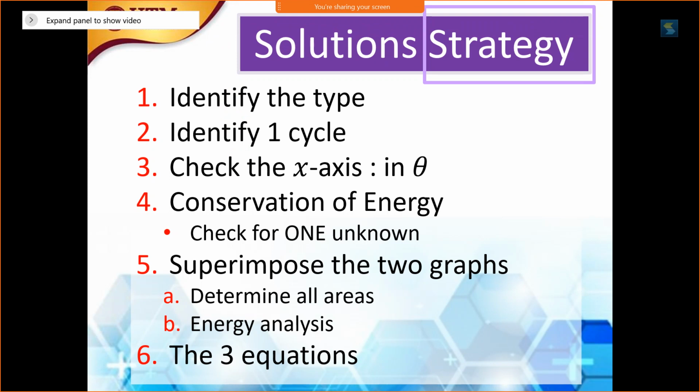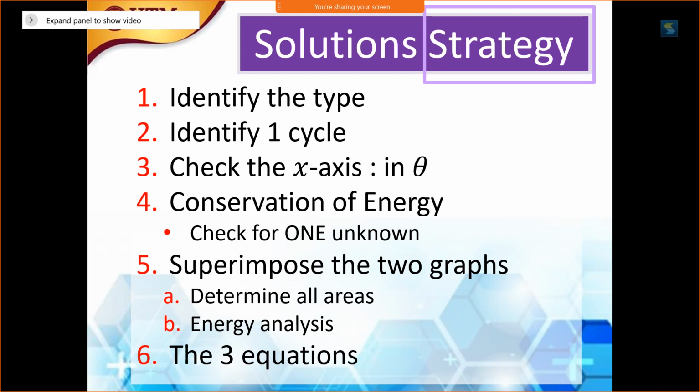So this is our solution strategy. How many steps we have? We have 6 steps. All right, first is we need to identify the type, and then we need to identify one cycle, and you need to check also the axis of x. You must convert it to theta, kalau dia bagi dalam bentuk time, then you need to convert it to theta, which is theta equals to omega t.